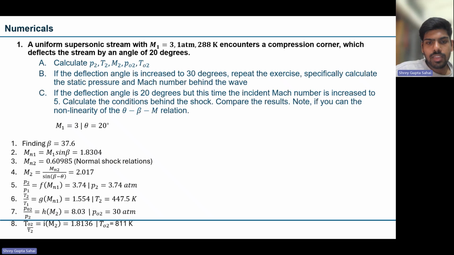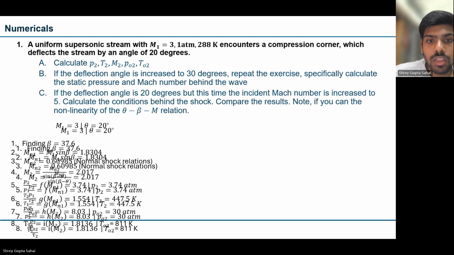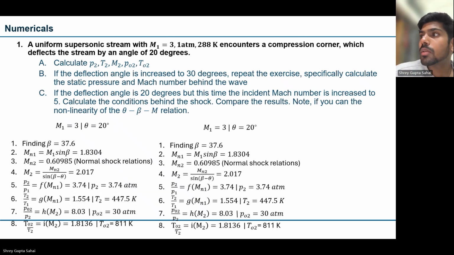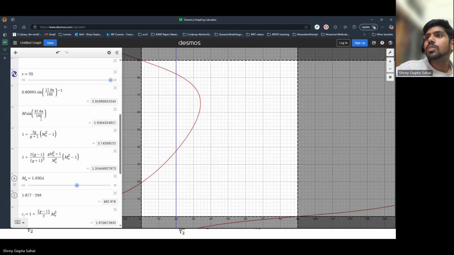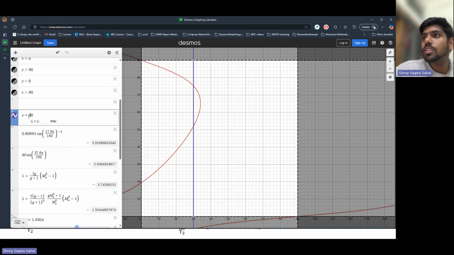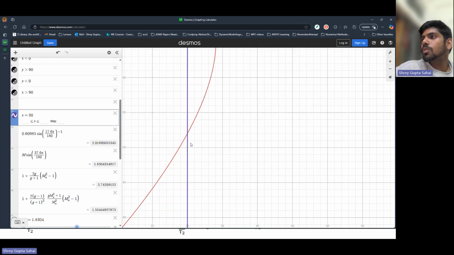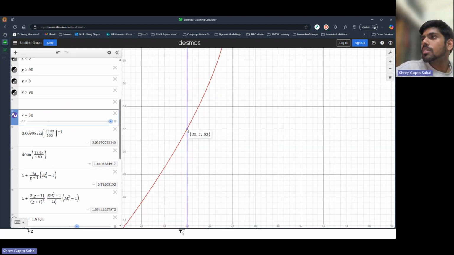It's a repetitive exercise, but it is good to just practice. So now M1 remains 3, but theta has turned to be 30. So now the beta value will change. Let's make that change there. Let's go closer so that we are accurate enough.